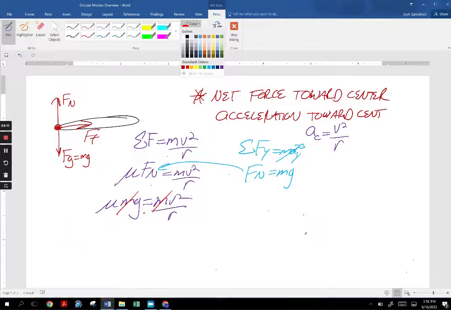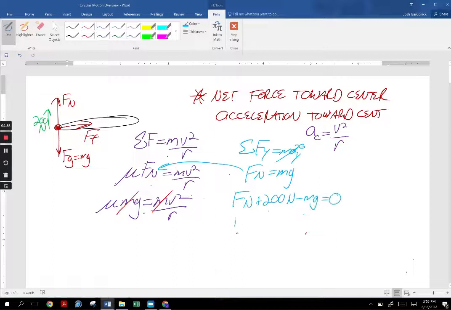Now, I am not a nice person. We all know this by now. So if this was a test question, I would probably add some additional force here, like, I don't know, 200 newtons. It's random. Now, when I do the normal force, I get Fn plus 200 newtons minus mg equals 0, or the normal force is equal to mg minus 200 newtons.